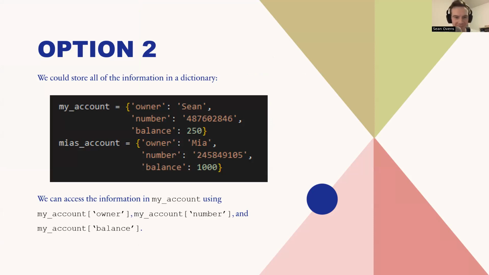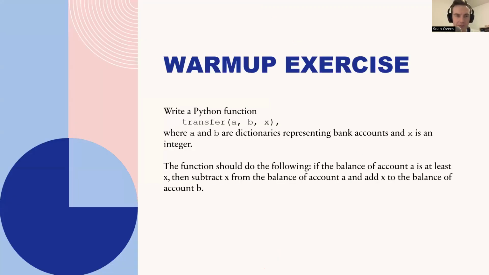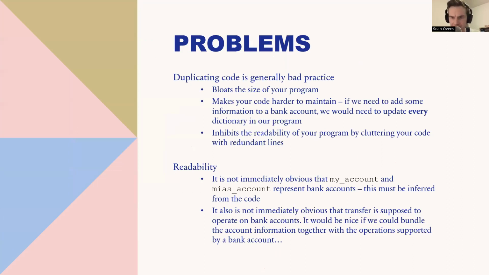It's not immediately clear to me as a reader, unless I wrote this code, what these variables actually represent. These variables are just dictionaries, so they could theoretically store any information. So you have to infer from the code that these dictionaries are supposed to represent bank accounts.